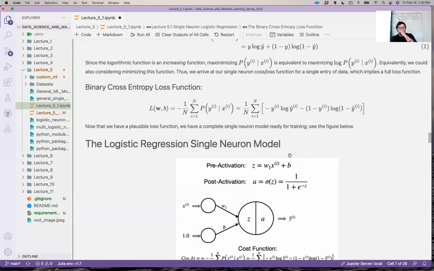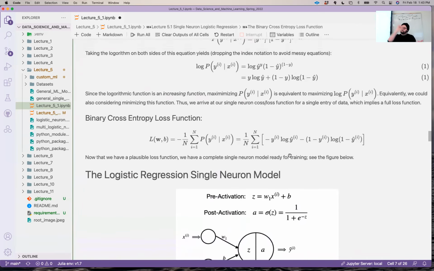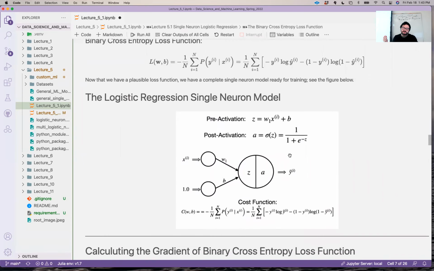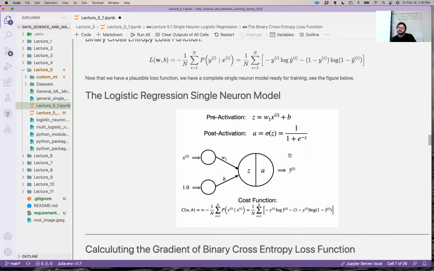Okay. So we have an activation function, the sigmoid function, and we have a loss function, the binary cross entropy loss. We have our model ready. So here is the logistic regression single neuron model. Okay. There shouldn't be double equals right here. It should just be equals. I need to fix that. But this is it.